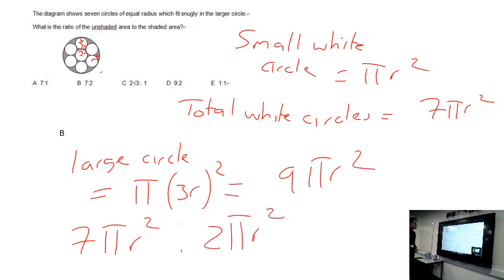And with ratios, you can simplify this by dividing by the common factors. So we cancel the pi on both sides, and also the r squared. So this simplifies to 7 to 2. So our answer would be B.